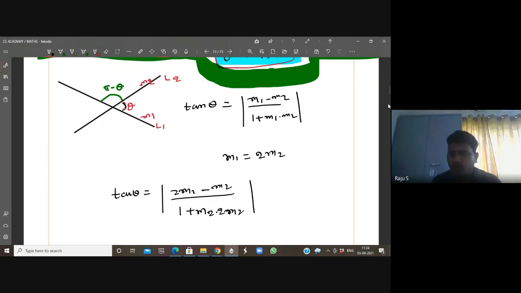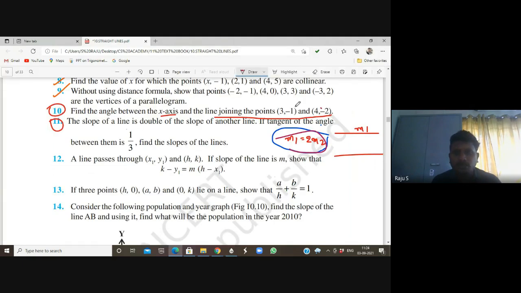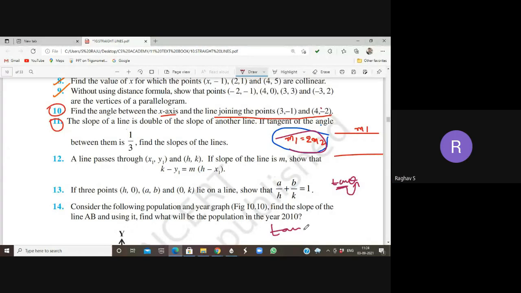But here, already in the question, the tangent of the angle means this tan theta value. What does that mean by tan theta? Tan theta is equal to 1 by 3.